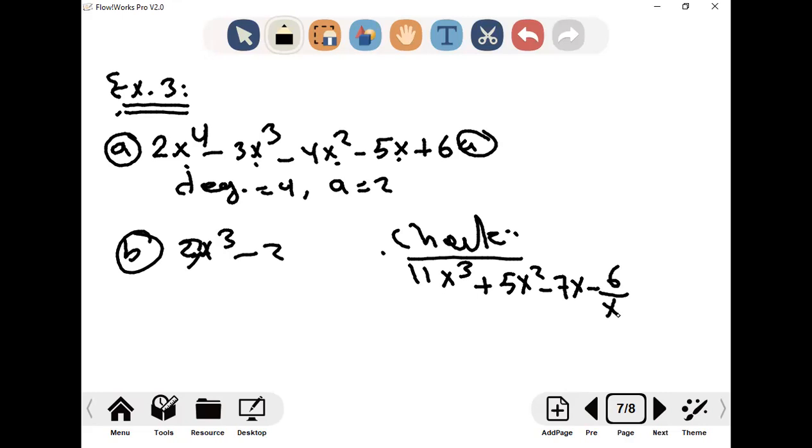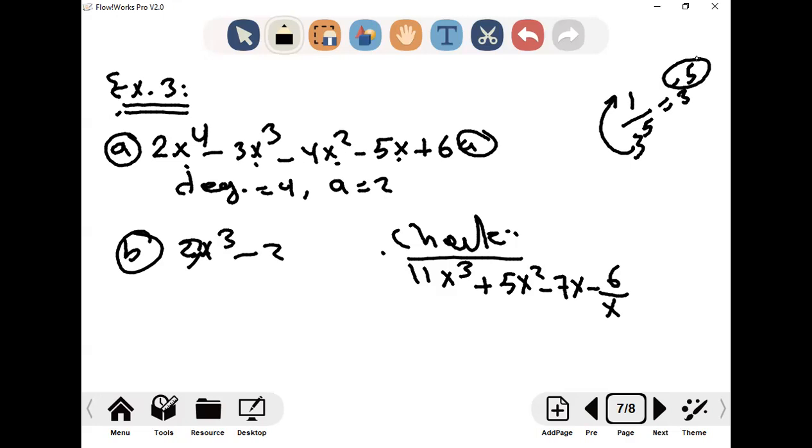The 6 over x has exponents. Now when I say 1 over 3 power 5, I can write it as 3 to the power minus 5. If I turn this up, it will be negative. We call it a negative exponent.